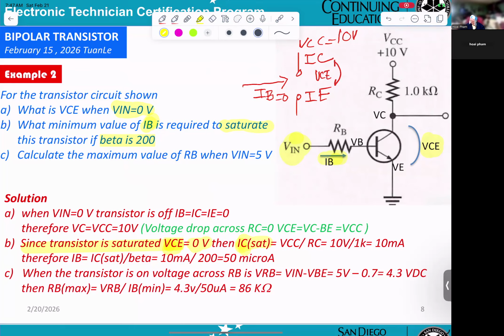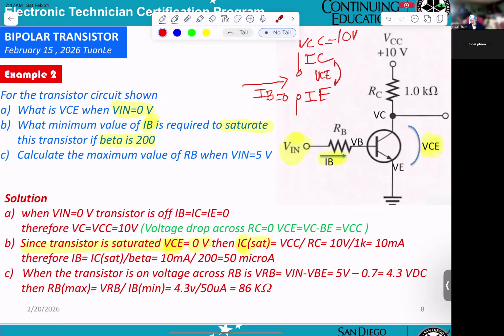That means VCE here equals 0, so VC is 0 and you get 10 volt VCC. You can calculate the IC: 10 volt divided by RC, VCC divided by RC, you get 10 milliamp.